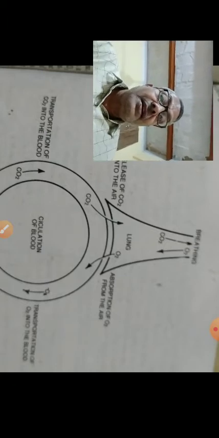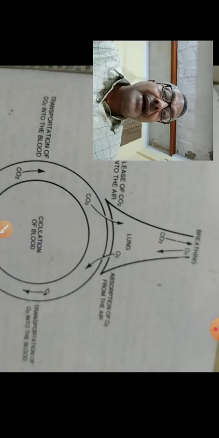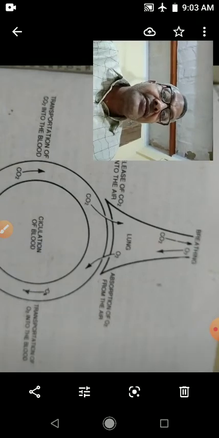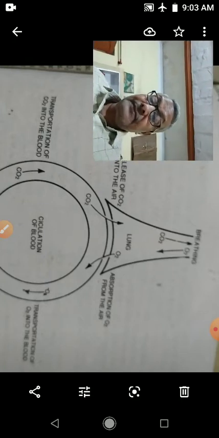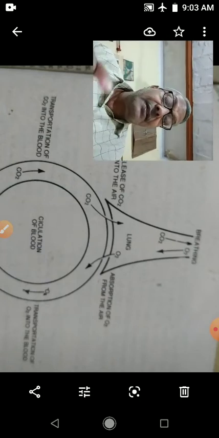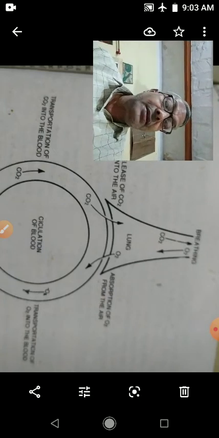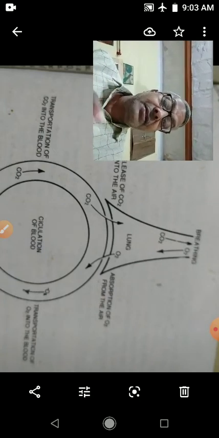So children, I am going to teach you how oxygen is transported from the lungs to the different tissues of the body. So oxygen gas diffuses from the alveolar air into the alveolar blood capillaries due to difference in the partial pressure.